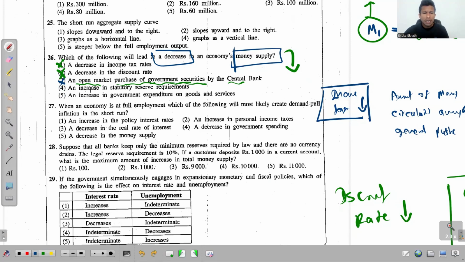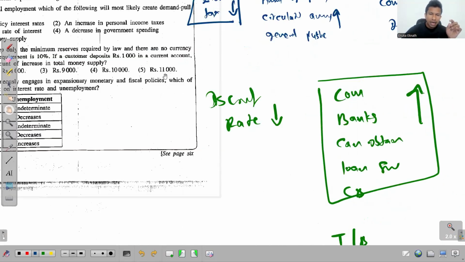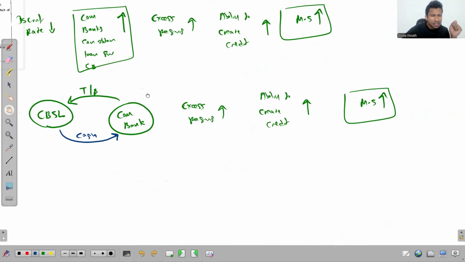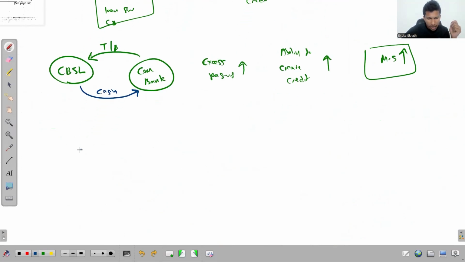The fourth option says an increase in statutory reserve requirement, which means simply the central bank increases SRR, statutory reserve ratio. And let's see what will happen when this SRR is increased. The statutory reserve ratio is increased so that the commercial banks need to keep a higher amount of statutory reserve. So when they keep a higher amount of statutory reserve, what happens to their excess reserve?